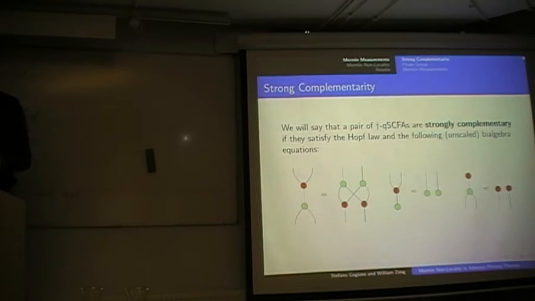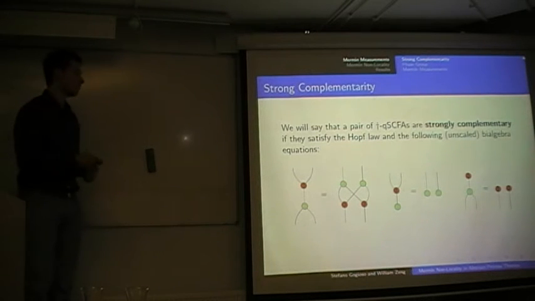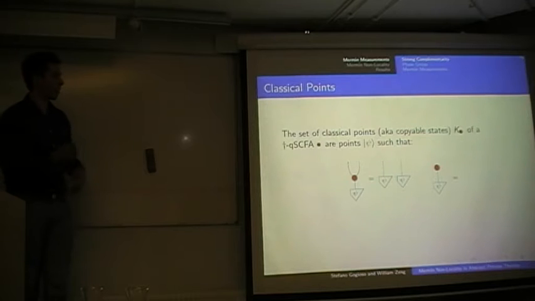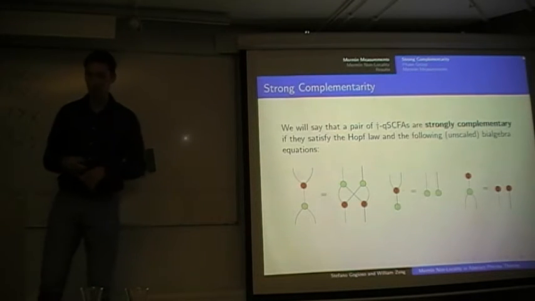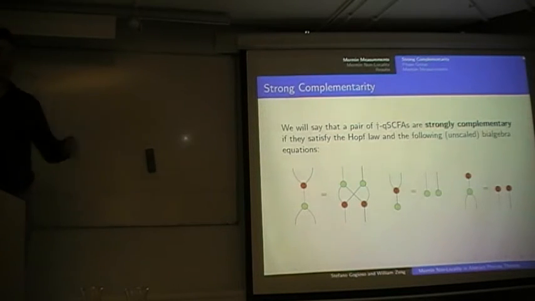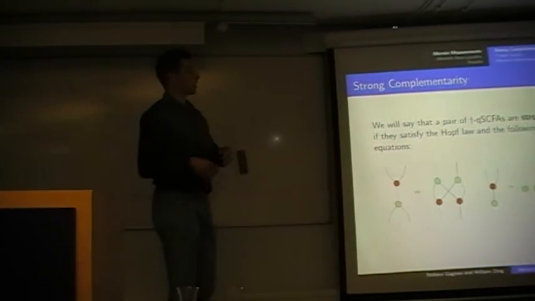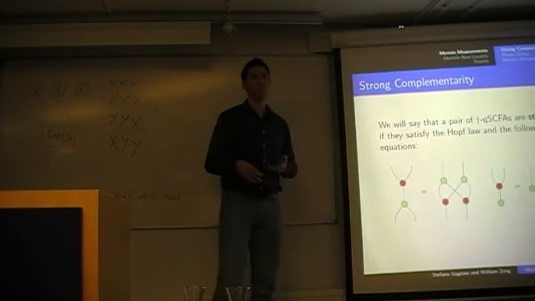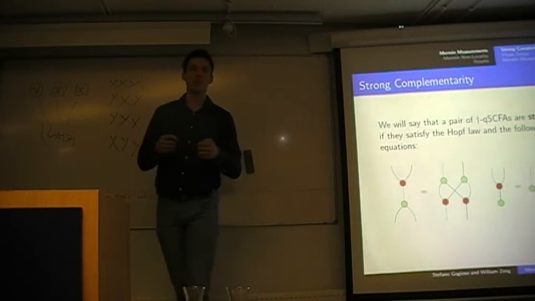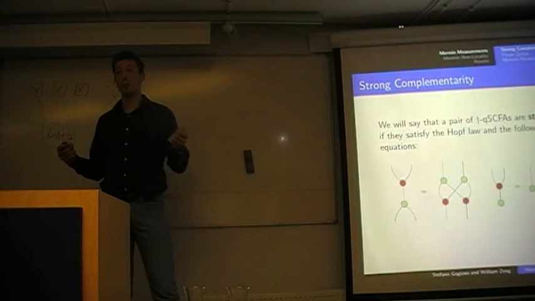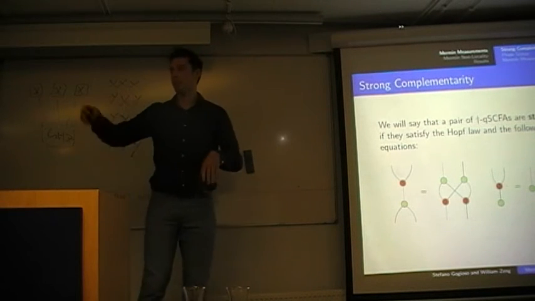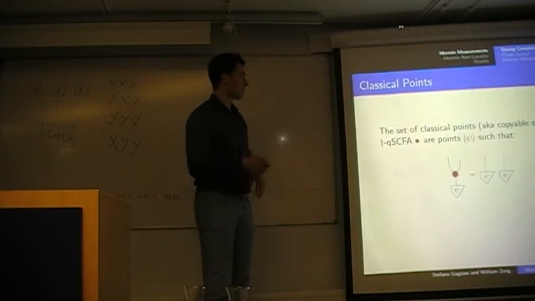You should have seen these in the talks by Pavel in a slightly different context. Oh, I should say something about this. Complementarity, this Hopf law thing, ends up corresponding in FHilb to mutually unbiased bases. Strong complementarity, which is the addition of this bialgebra law, has something to do with the existence of a Fourier transform over finite groups in a very, very general setting. And there's another paper between me and Stefano on that.